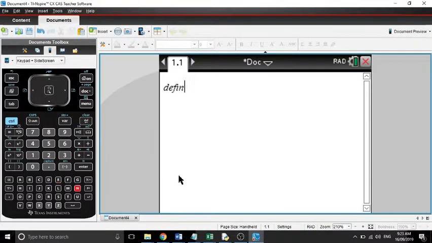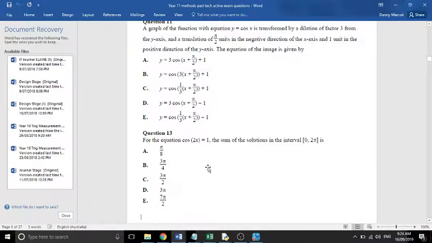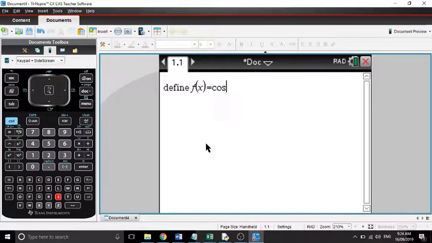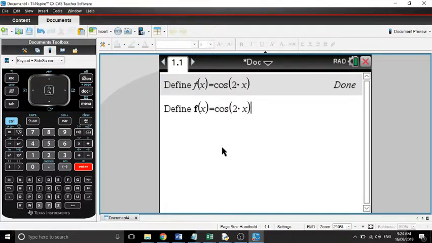I'm going to define f of x, and that equals cos of 2x. Now I'm going to define that over a domain.